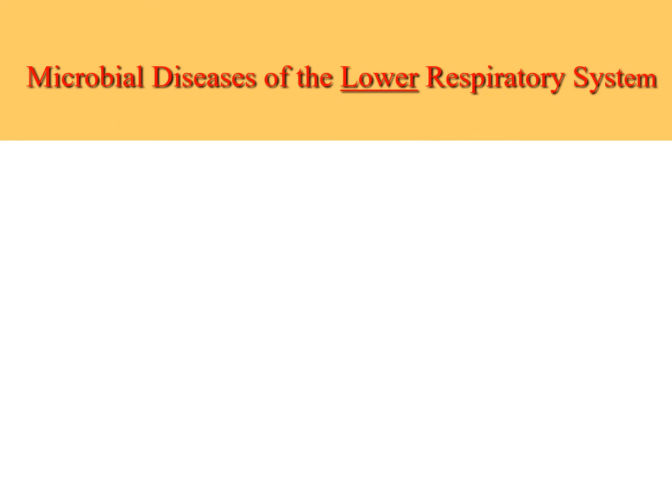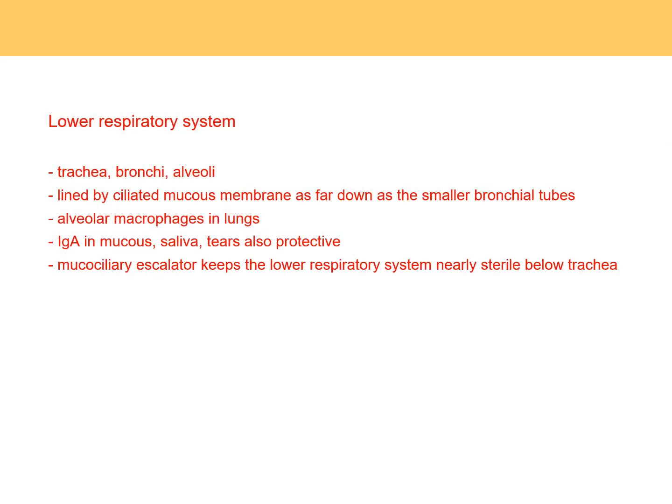Okay, let's talk about microbial diseases of the lower respiratory system. Now, when we talk about the lower respiratory system, we're talking about from the epiglottis down. So that includes the trachea, the bronchi, bronchioles, and the alveoli. This part of the respiratory system is lined by a ciliated mucous membrane.